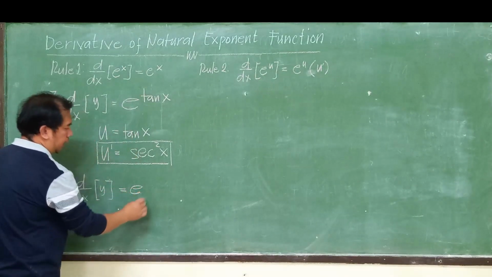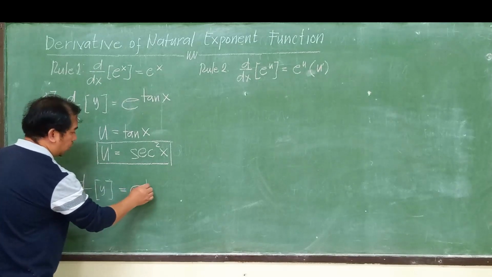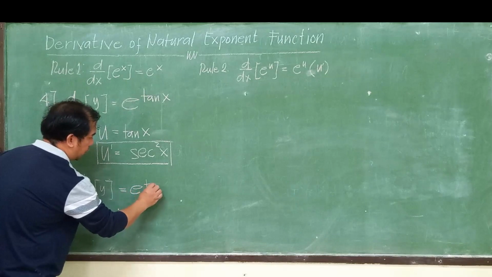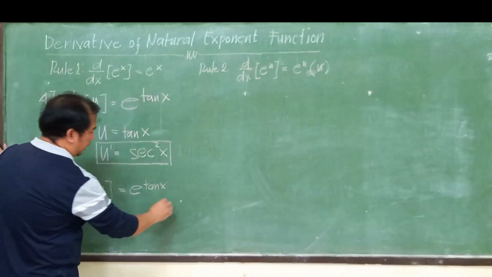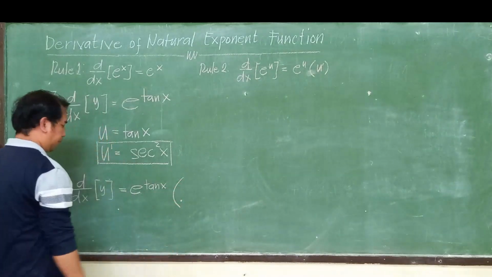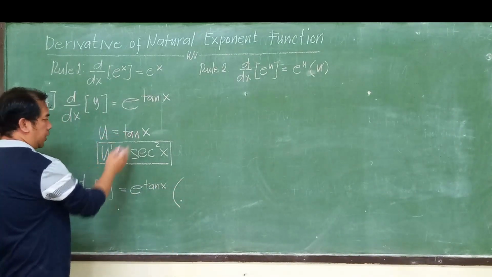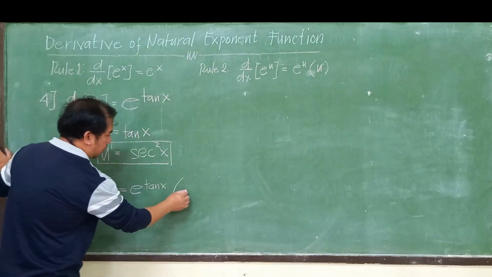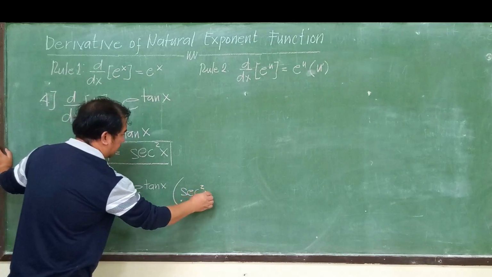Our e is e raised to tangent x multiplied by the derivative of the u, which is tangent x. What is the derivative? So that is the same as secant squared x.